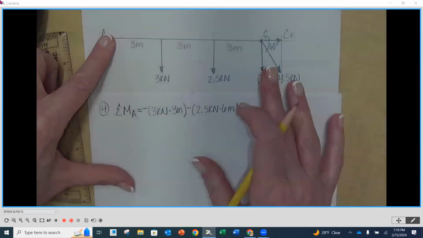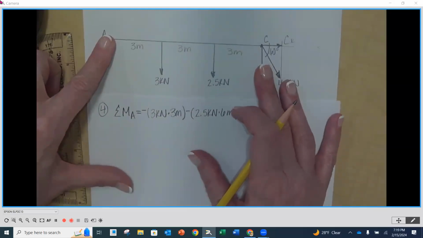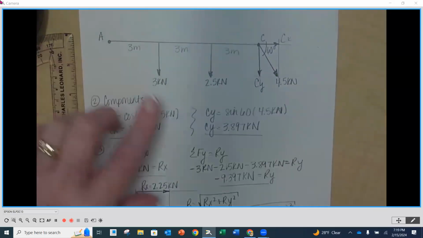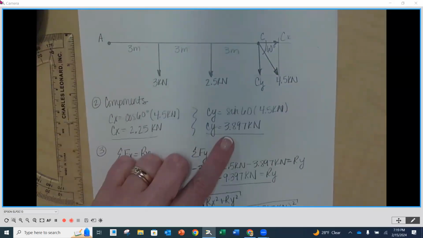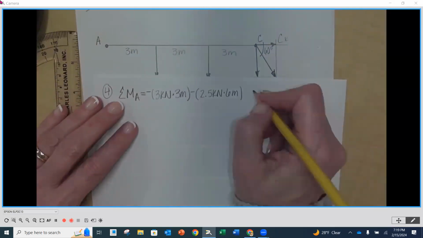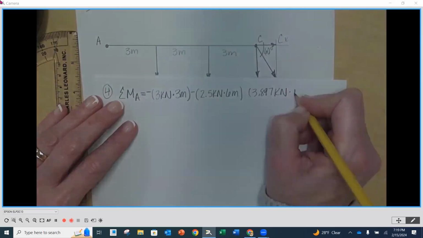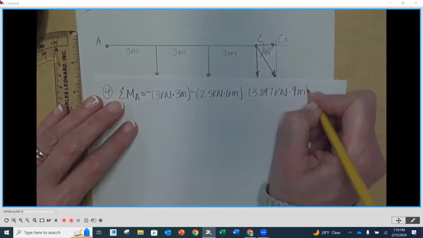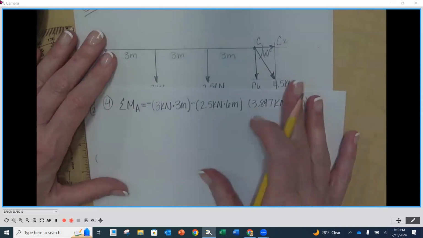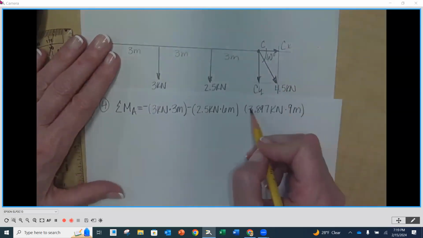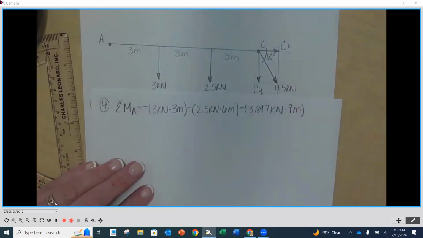And then our last one is going to be our CY component. The CY component was 3.897 kilonewtons times 9 meters. And it as well is going to rotate clockwise, so negative out front.